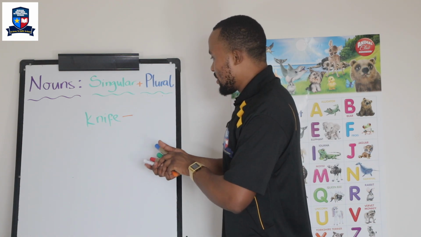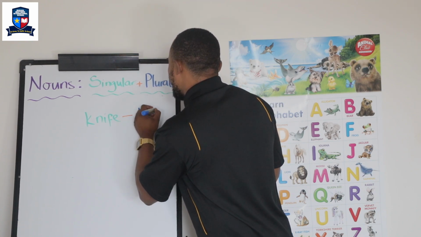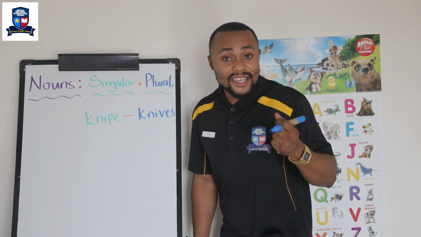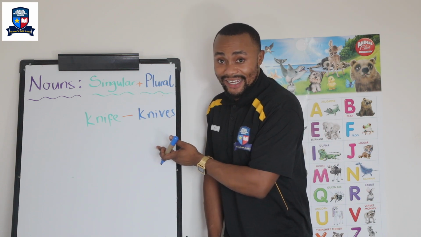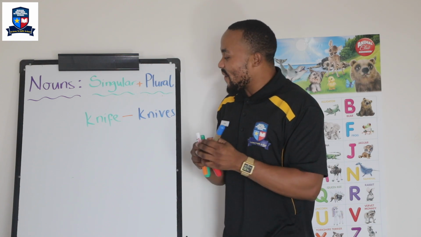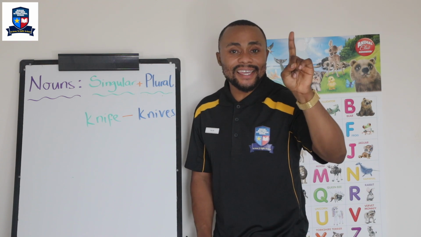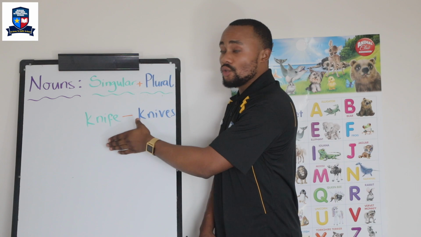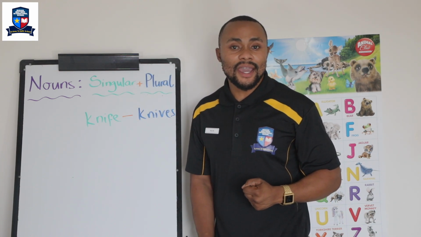This becomes knives. See? V has been introduced. You ask me why? Hey, it's an English rule, okay? That's the way it is. So knife is a singular noun, whereas to change it into a plural form, it becomes knives.